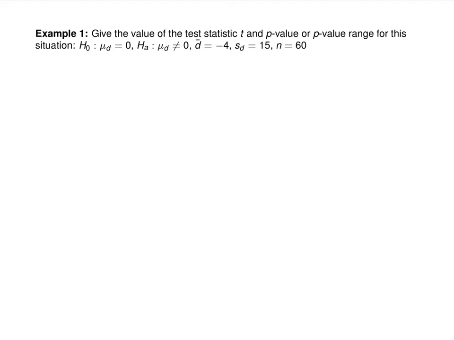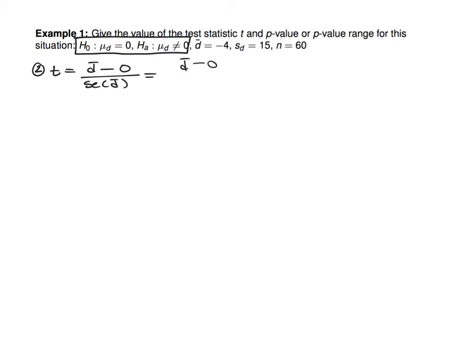Okay, give the value of the test statistic t and the p-value or p-value range for this situation. So the null and alternative hypotheses are already done for us. So there's step 1. Okay, find the test statistic, which is step 2. t equals d bar minus 0 over the standard error of d bar, which is d bar minus 0 over s sub d over root n.